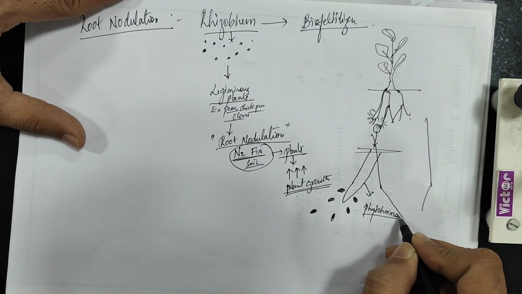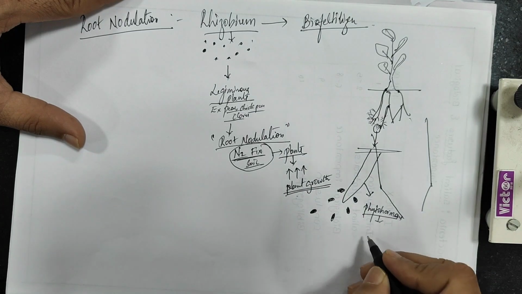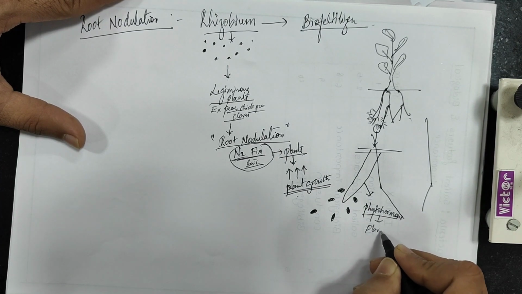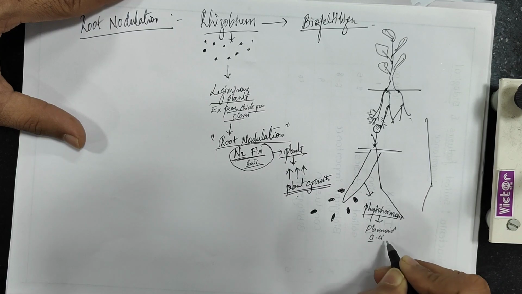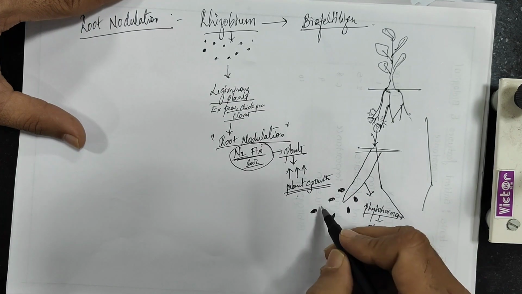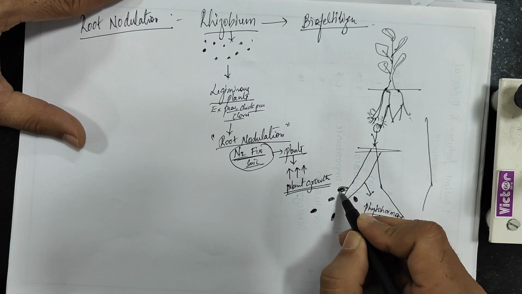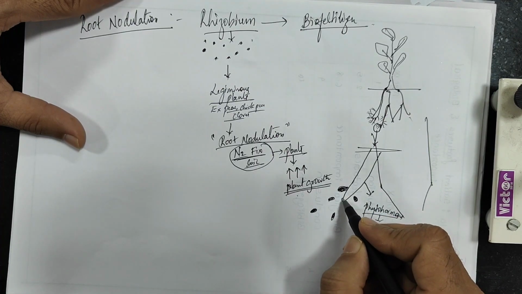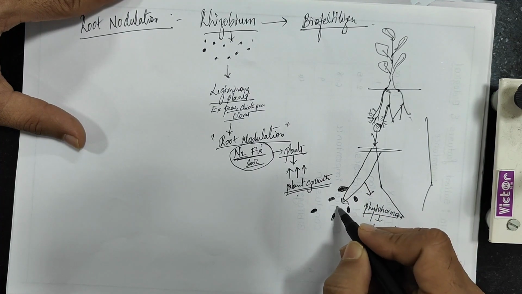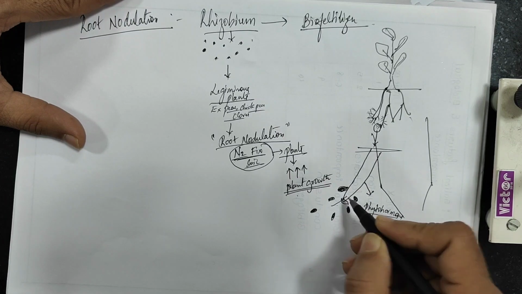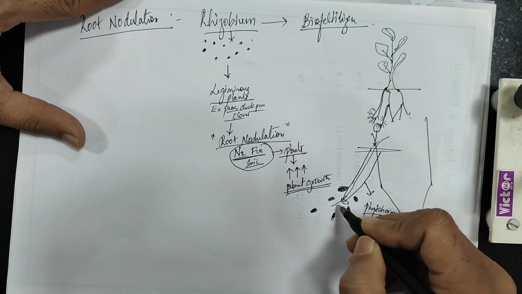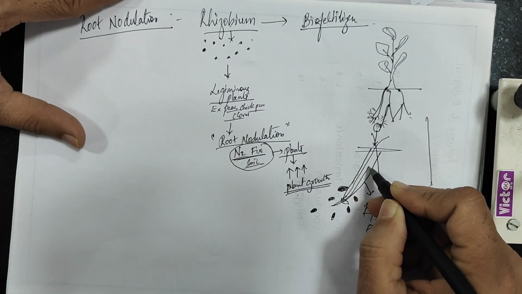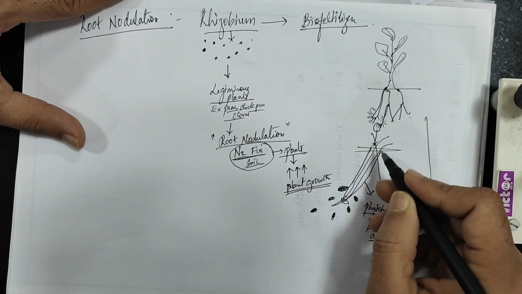These phytohormones might be flavonoids, amino acids, etc. When they come in close contact, the root hair gets ruptured and makes a way opening to enter the bacteria inside the root.